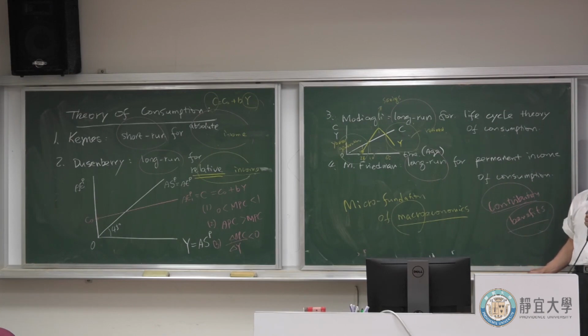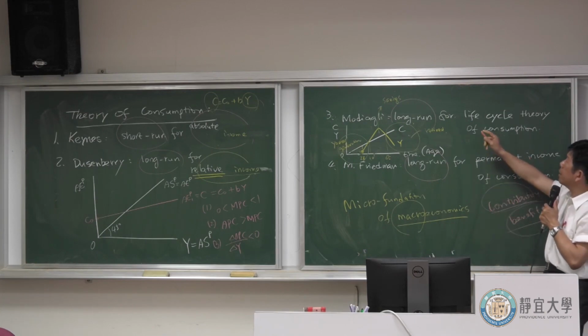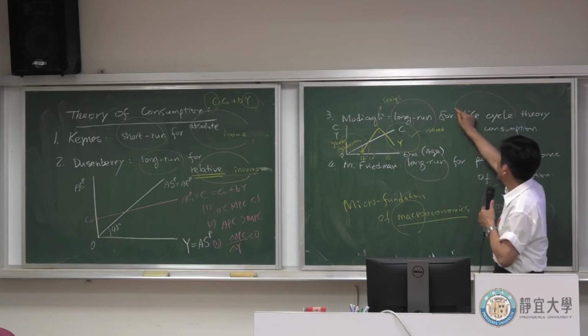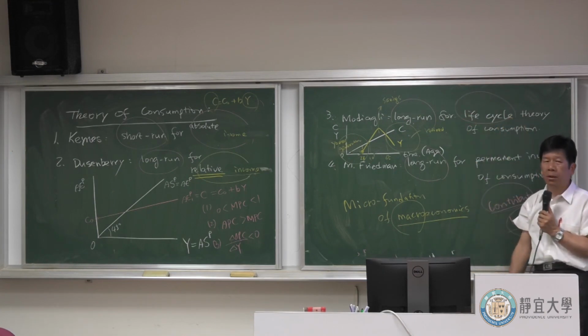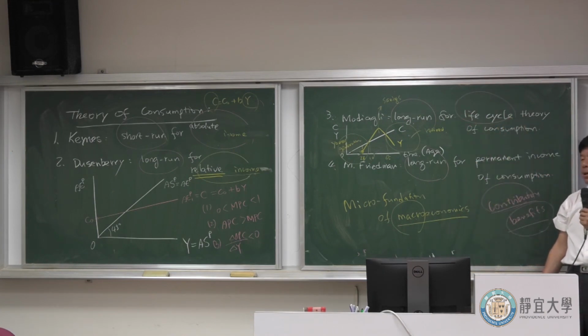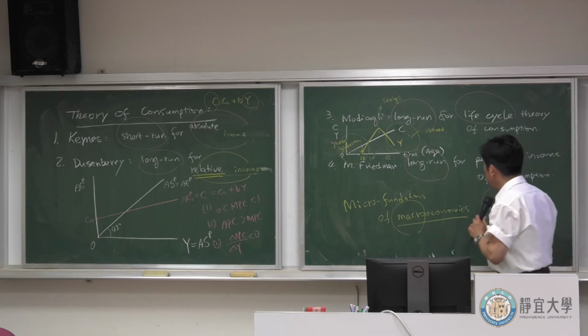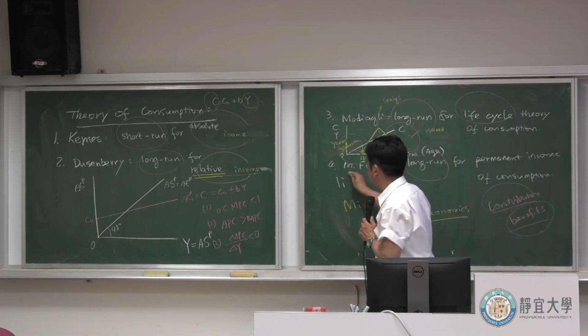If we calculate for our whole life, this is what we call the life cycle. Can you imagine how much you need for your whole life? Or do you know about life expectancy?